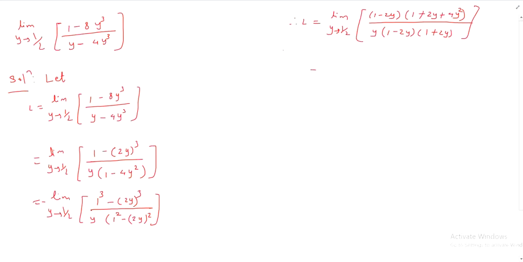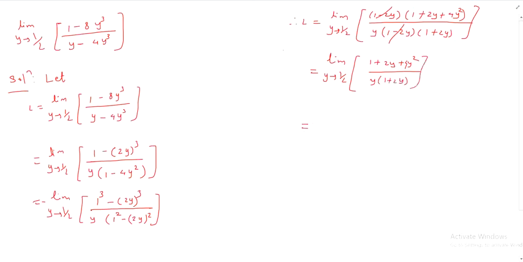So is equal to limit y tends to half in bracket, the common factor cancels, isn't it? And the remaining terms are 1 plus 2y plus 4y square upon y into 1 plus 2y, like this one.